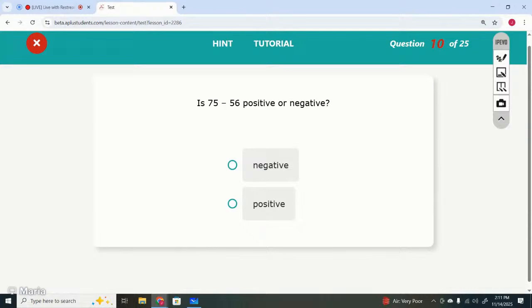Is 75 minus 56 positive or negative? That is positive. Option number 2 is the correct option.